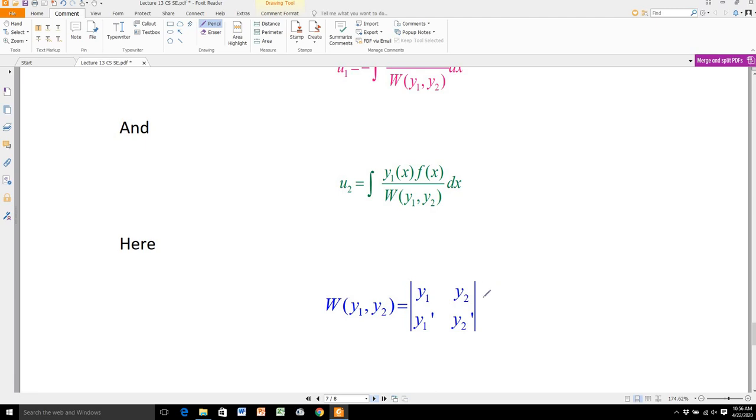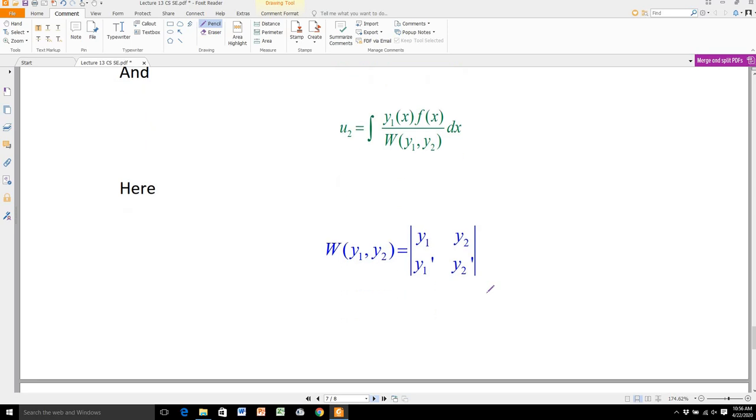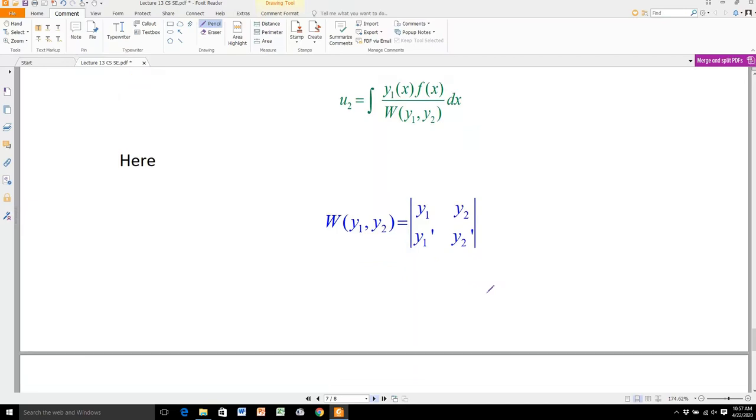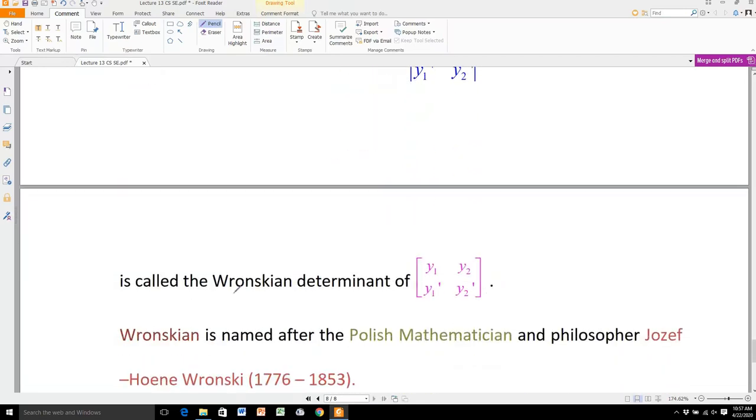It is the determinant of y1 and y2, and this is called the Wronskian determinant of this matrix. y1 and y2 are the original solutions which we got from the characteristic solution, and y1 prime and y2 prime are their respective derivatives.